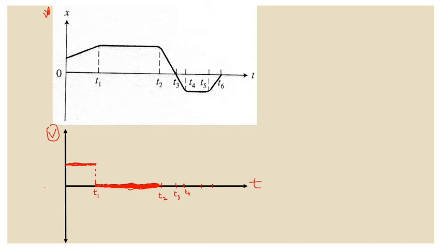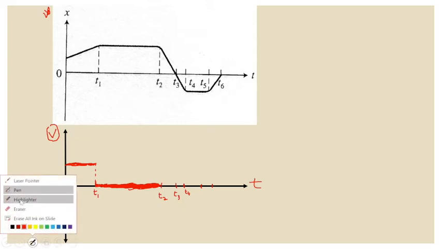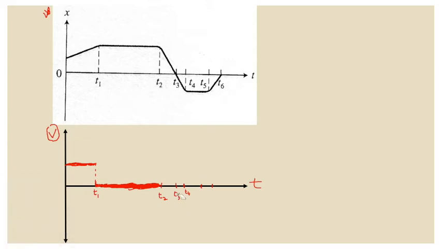Okay, so from T2 to T3, and then continuing from T3 to T4, the slope is constant because the line is straight, and the slope is negative. So we need to show a constant and negative velocity. Now notice this is what I referred to before. This is actually why I did this, so you could see the point. These are now in the way.